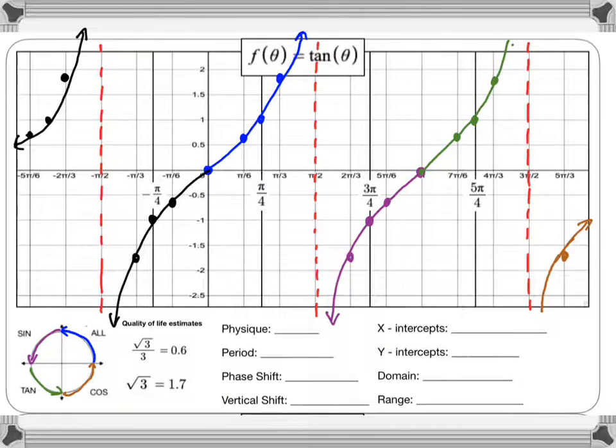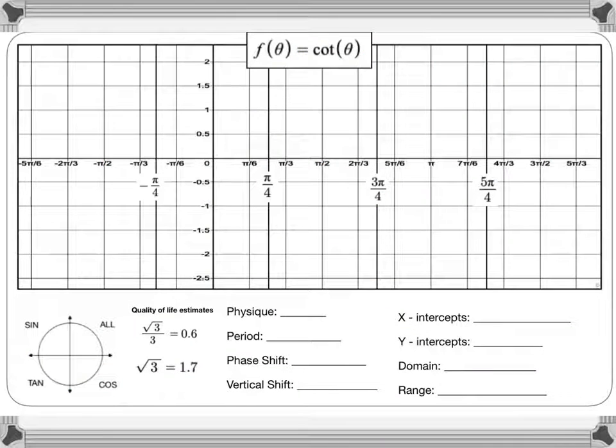And so cotangent is 1 over tangent by definition. So what I want to do is graph out cotangent just using the values that we have on our chart that we filled out, and then let's take a look at the similarities and dissimilarities between the two.